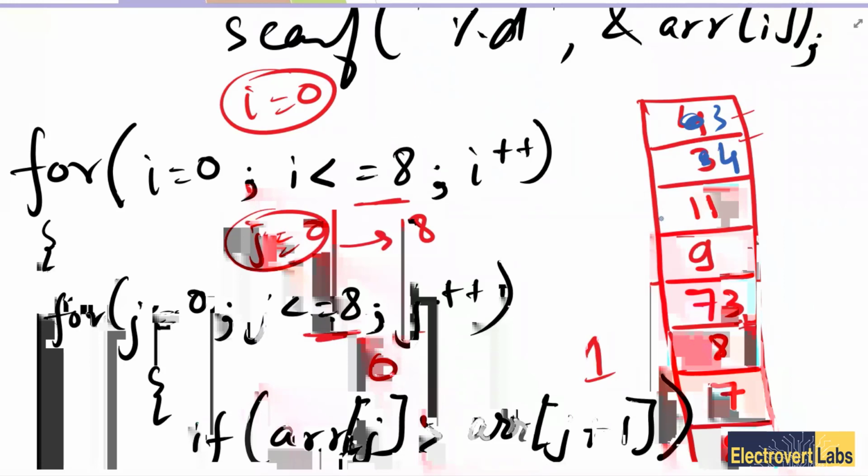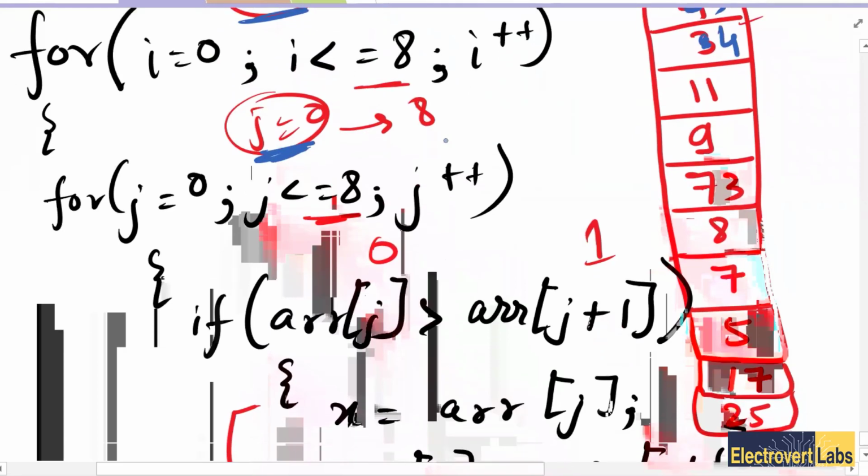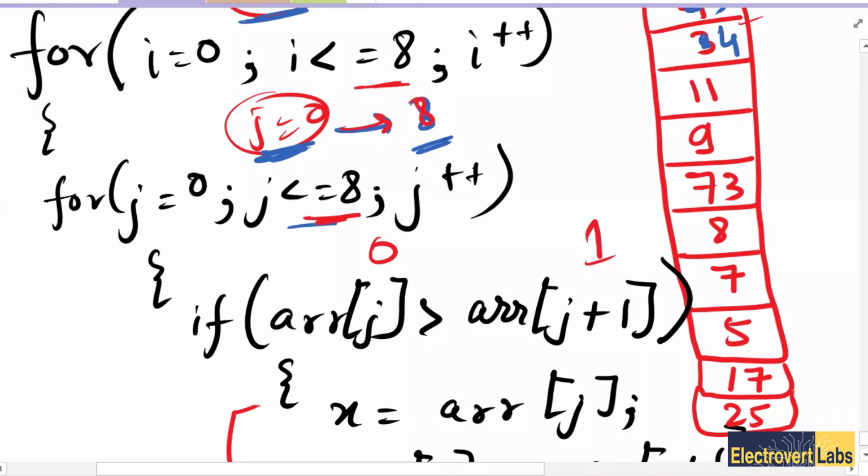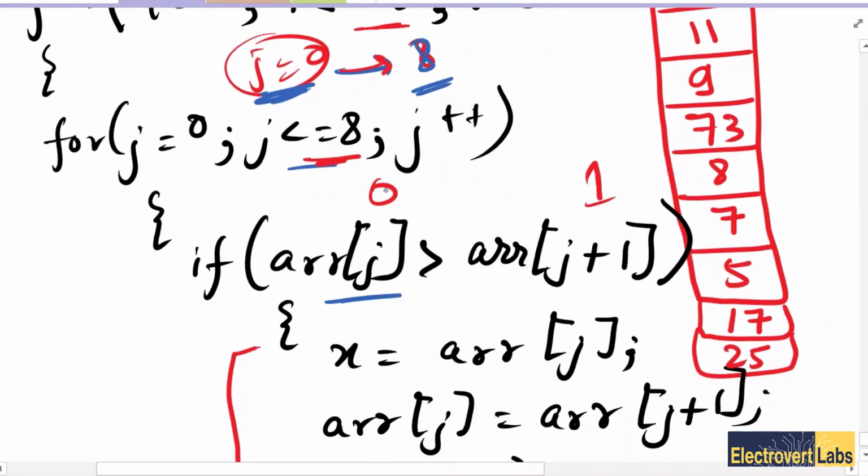Okay. See, Kritika, first just understand that the first value of i is 0, right? And the first value of j is 0. So j is starting from 0 and j will go from 0 till 8. I'll explain why we have written it like that. Now we are just checking if the 0th position, first value j is 0. So if r0 is greater than r1.